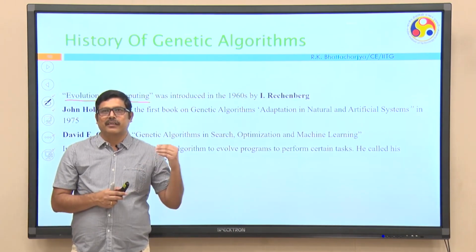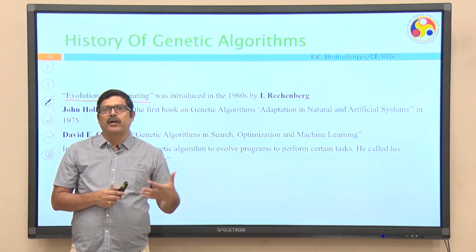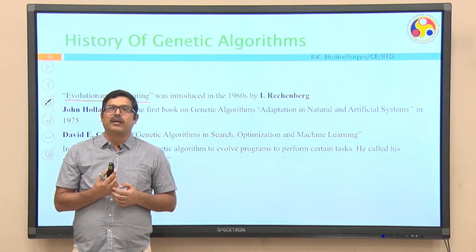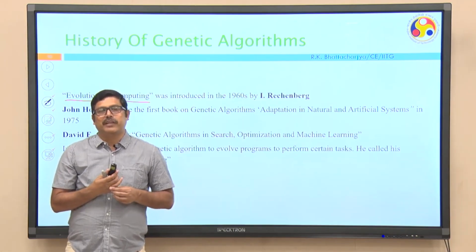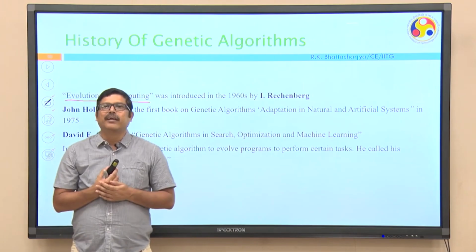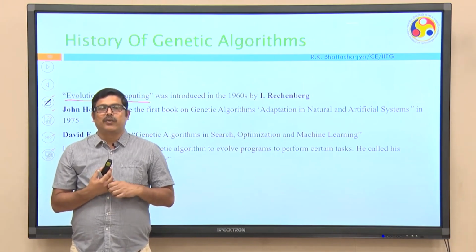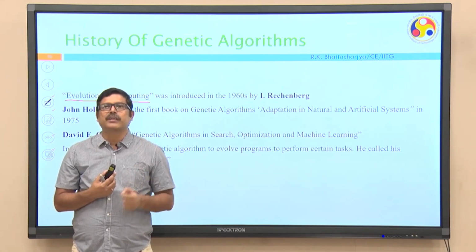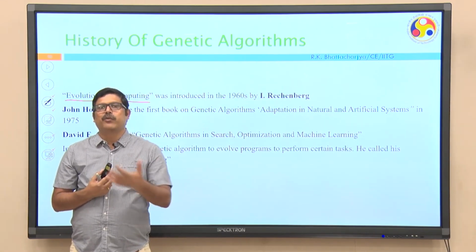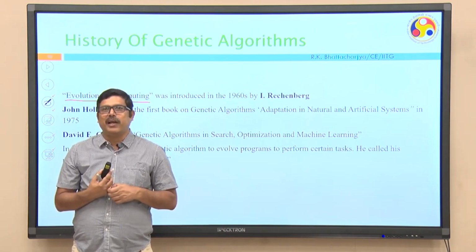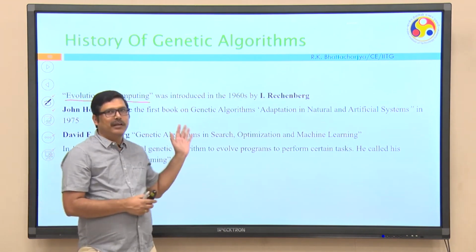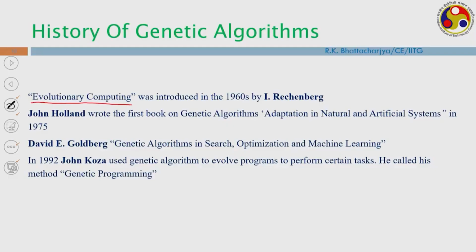They say that classical methods are the only optimization methods. But the other group says that the problems which are not tractable, which you cannot solve using classical methods, you can solve using genetic algorithm or other metaheuristic optimization techniques. Now many people have accepted this algorithm, but in the 1960s people did not.